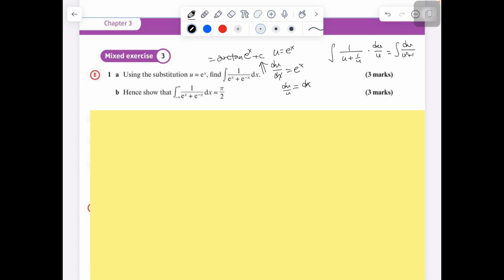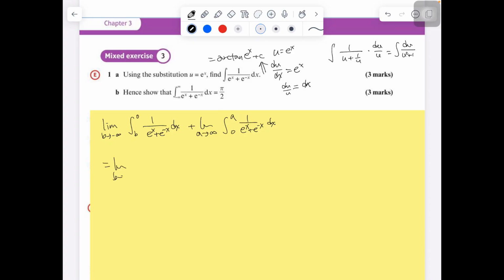This is the improper integration. So limit b becomes negative infinity, the integral from b to 0, let's say 1 over e to the x plus e to the negative of x, dx, plus limit a becomes infinity, 0 to a, e to the power of x plus e to the power of negative x, dx.